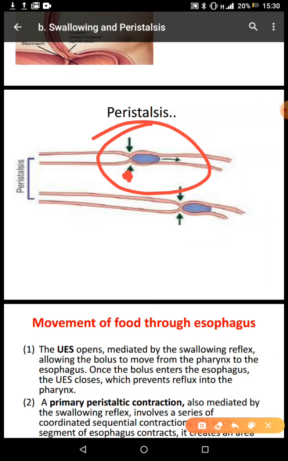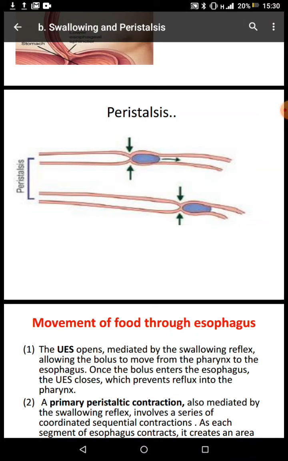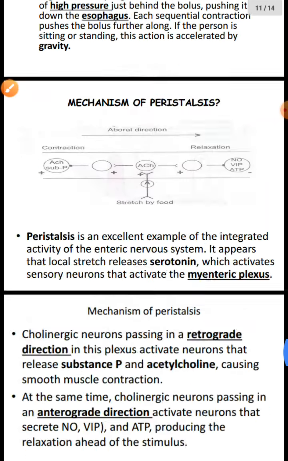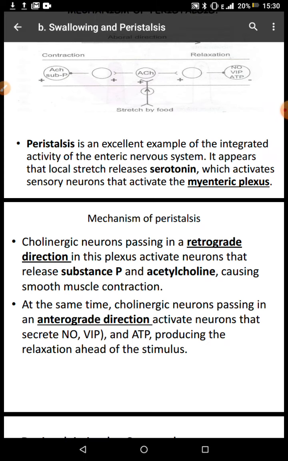At the same time, what causes these segments of the GIT to relax is that the anterograde neurons release vasoactive intestinal peptide, nitric oxide, and ATP, which cause the circular muscles around that region to relax. So this happens so fast. At the end of the day, the bolus will be propagated forward.